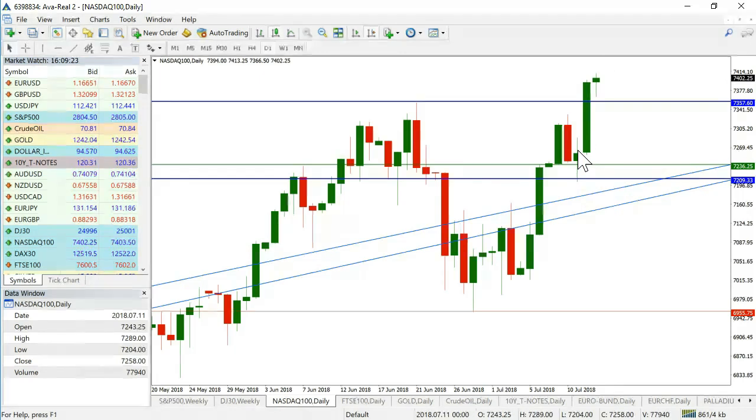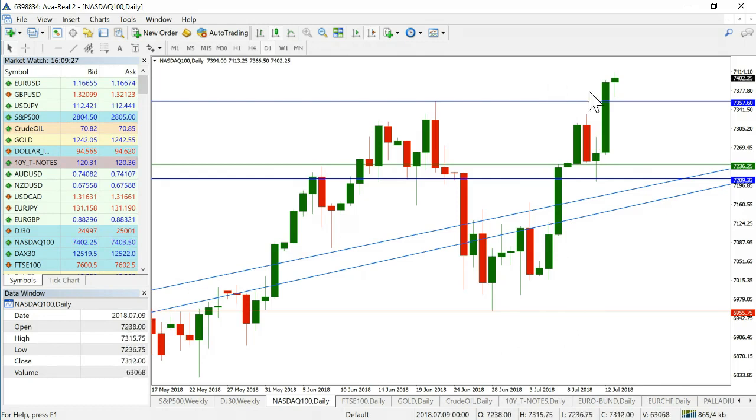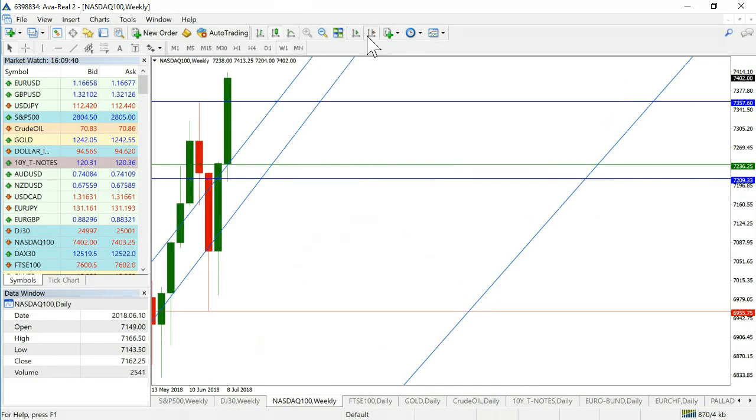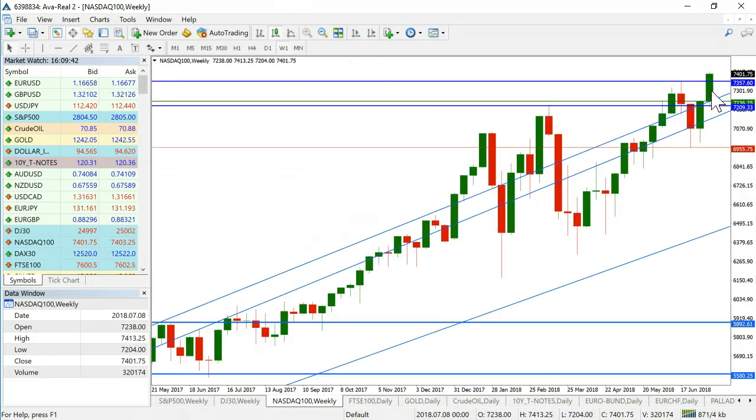Now, I can understand why that's not the case with the Nasdaq, because we are approaching all-time highs. In fact, today's high is the highest price this market has ever been. So looking at the weekly time frame, we can work with these new levels to the upside and to the downside.